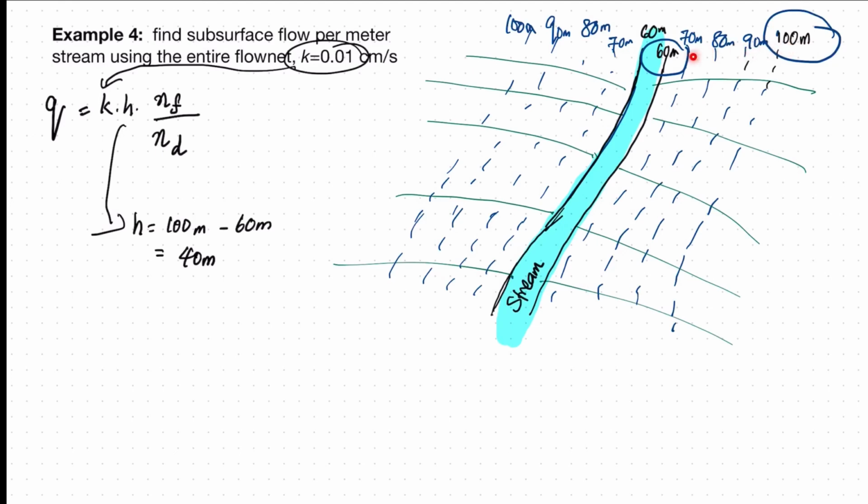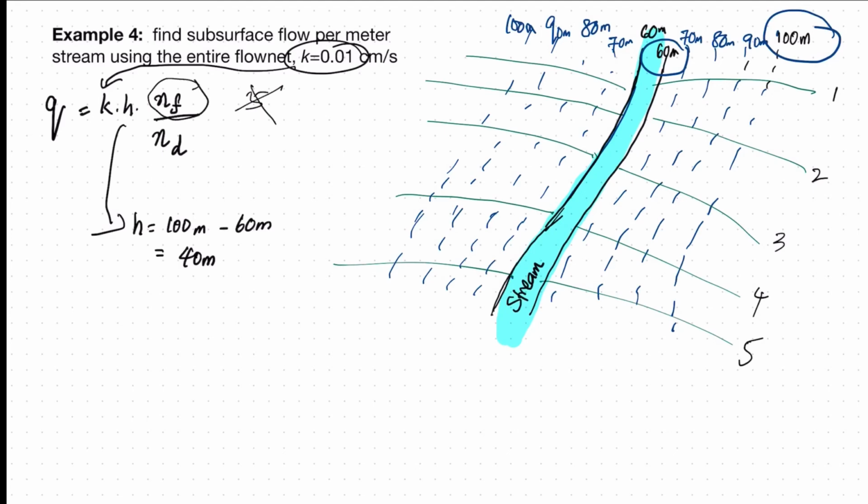Perpendicular to this equipotential drop is the flow line, indicated here in a green line. How many flow lines are there? 1, 2, 3, 4, 5 lines. But you cannot put 5 here. If you put 5, it's wrong.